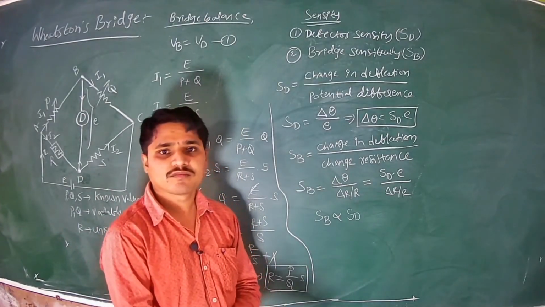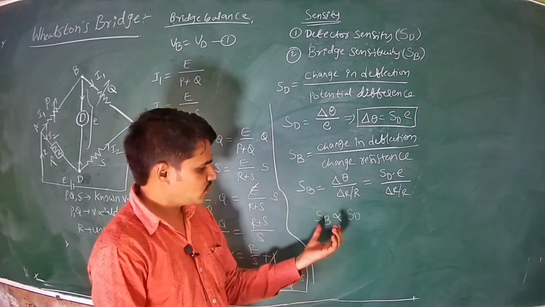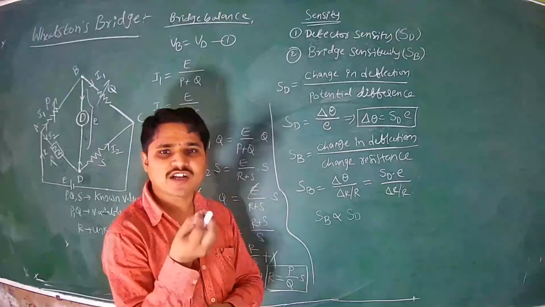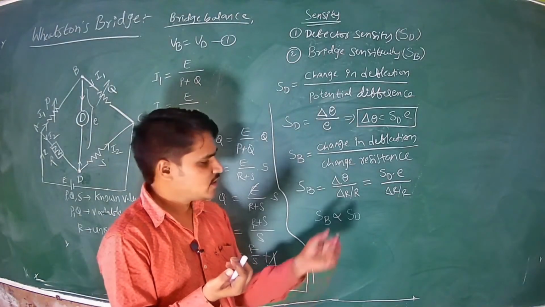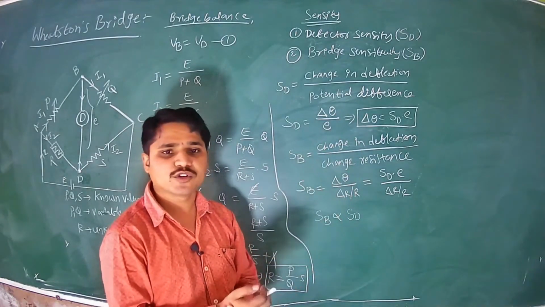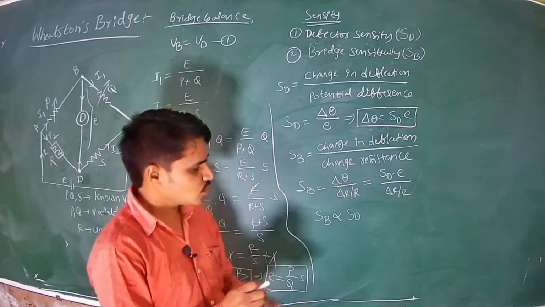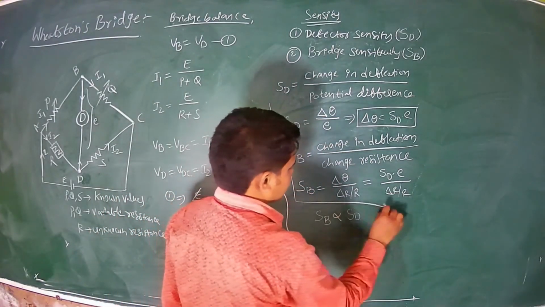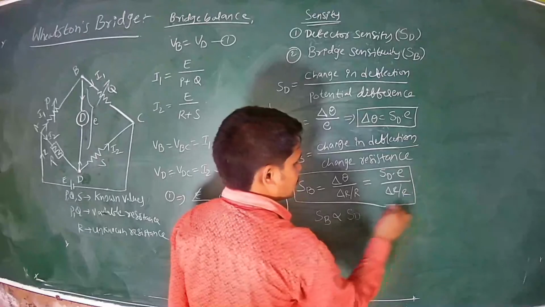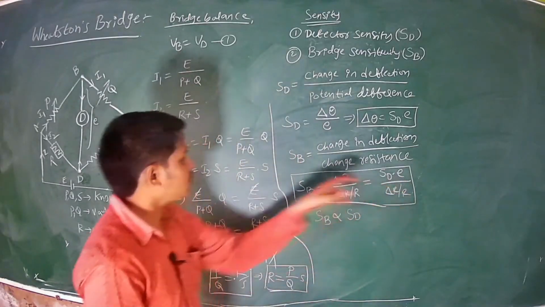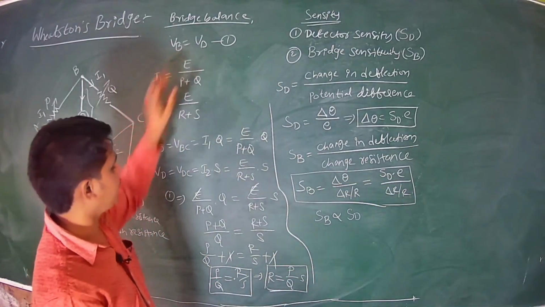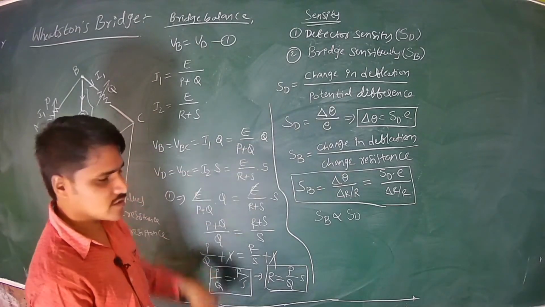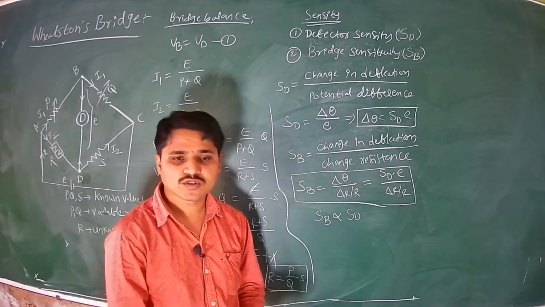So even for a small change in the unknown resistance, this bridge will sense it and give you accurate measurements. This is the bridge sensitivity and the deflection sensitivity. You can also find this E from VB and VD.